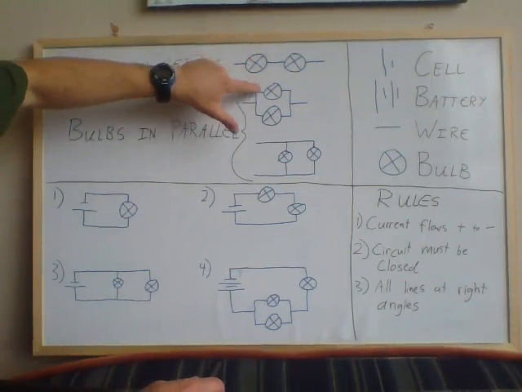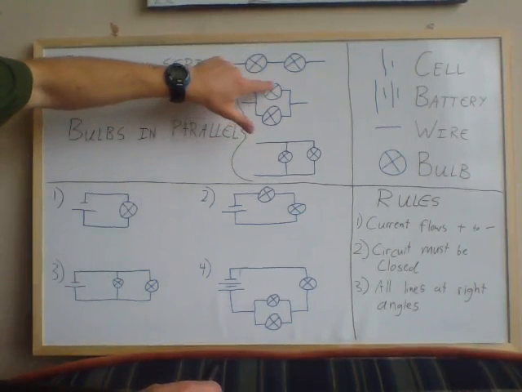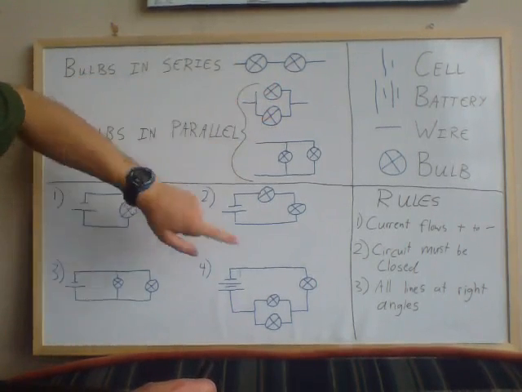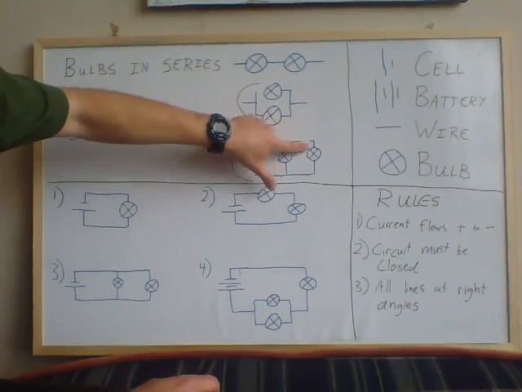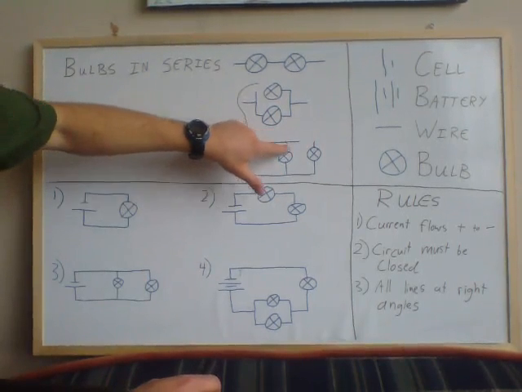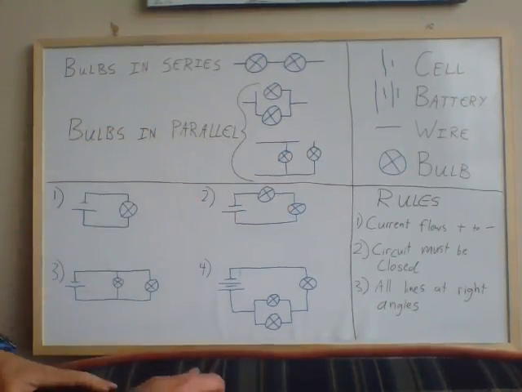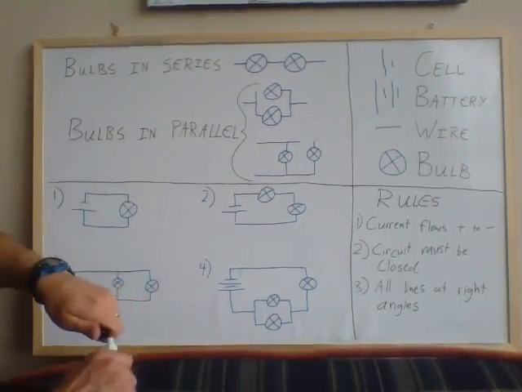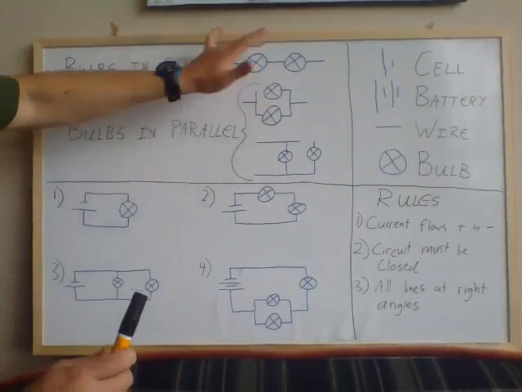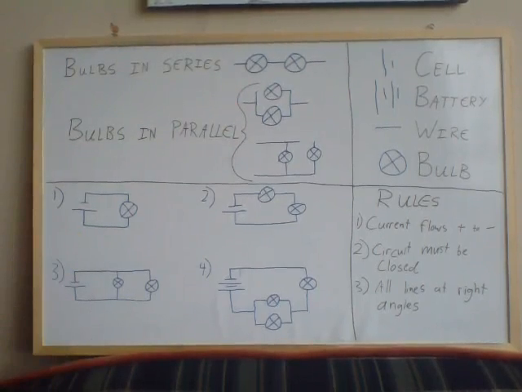If we were to open up this circuit, this bulb would not go on, this bulb would still light. Same thing if we opened up this circuit here, we would have this bulb still being connected, this bulb would not be. So that's parallel.